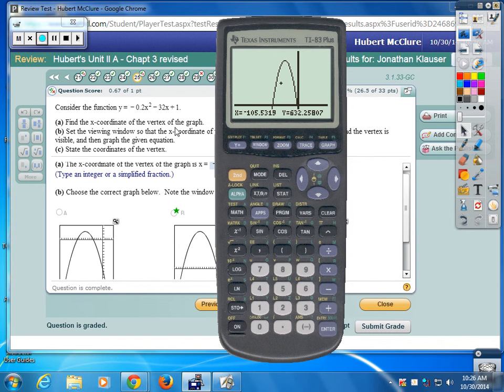Find the x coordinate of the vertex. So go ahead and hit second, calculate, max, and left bound, right bound, and the center, and there is your vertex. Negative 80 and 1281.